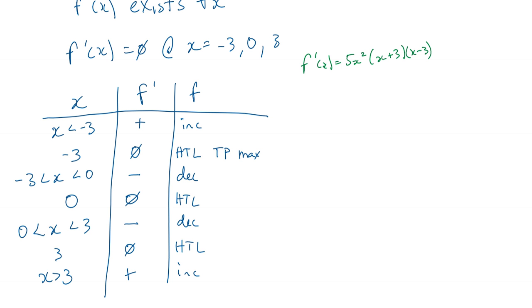Decreasing, then 0, then decreasing is? Twist. Decreasing, 0, and then continues to decrease. That's your twist. It's not changing.